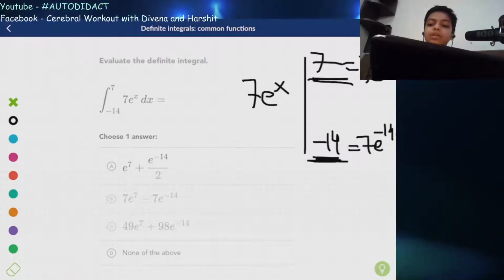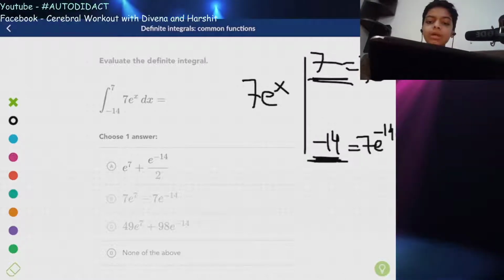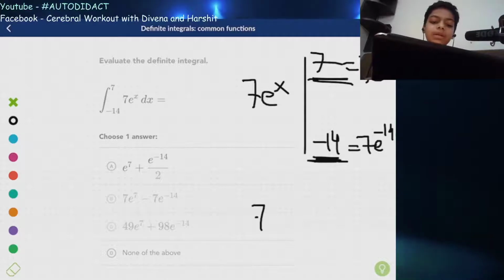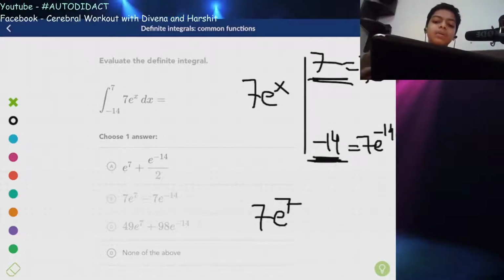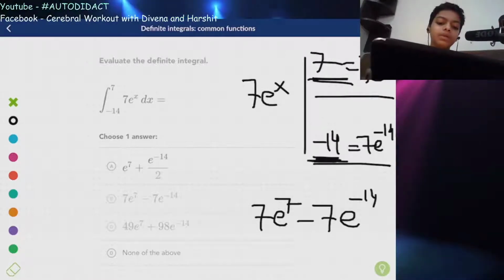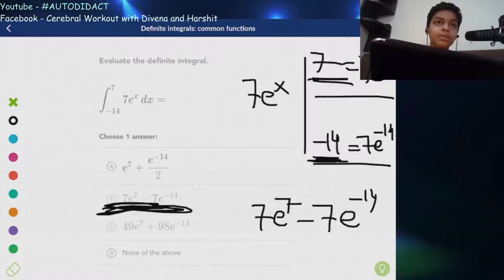So this will be equal to 7e to the 7 minus 7e to the -14, and here is the answer.